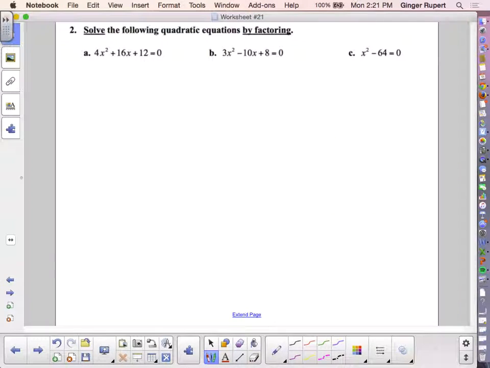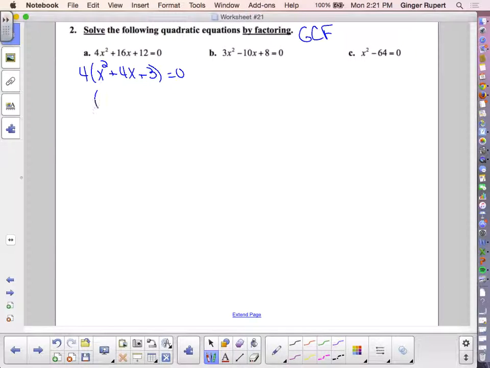Number 2 asks us to solve the quadratic equation by factoring. Remember, in factoring, the first thing you want to do is look for the greatest common factor. So in A, I can factor out a 4. That's going to give me x squared plus 4x plus 3 equals 0.